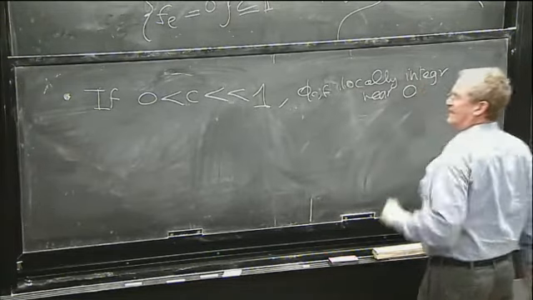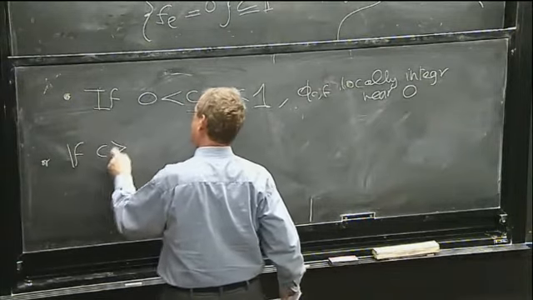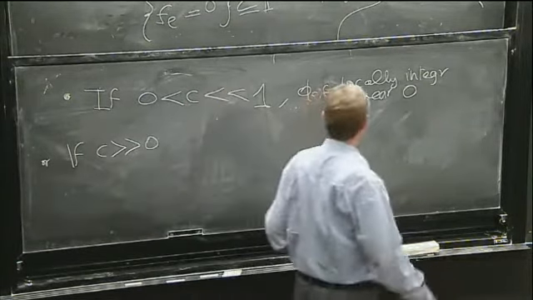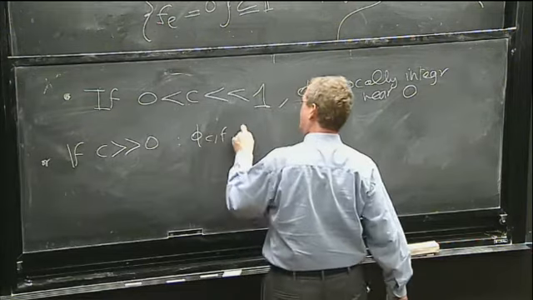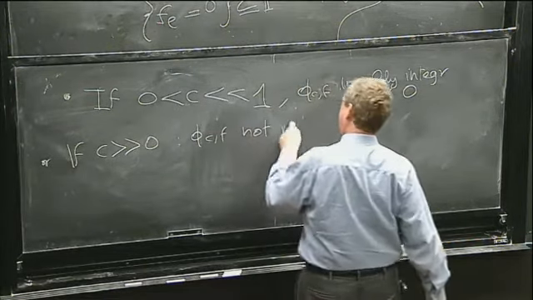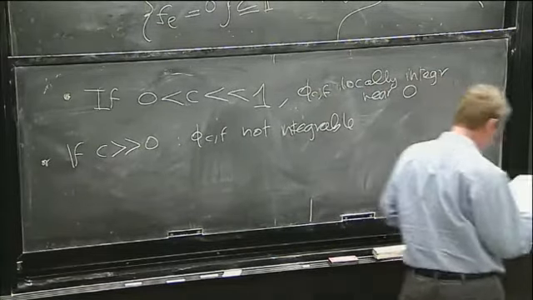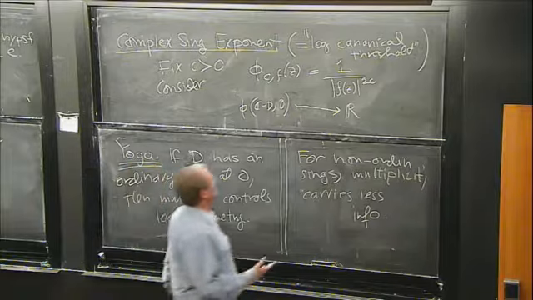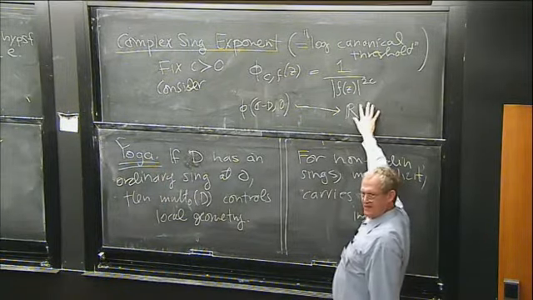On the other hand, if c is very large, then it can't possibly be integrable. So phi_c of f will not be locally integrable near 0. So the game we're going to play is we start with this f and let c start very small.